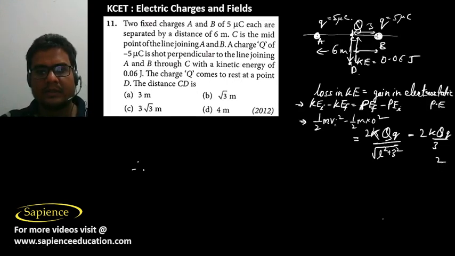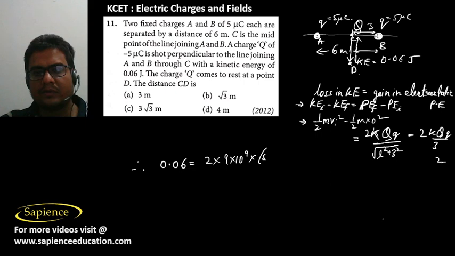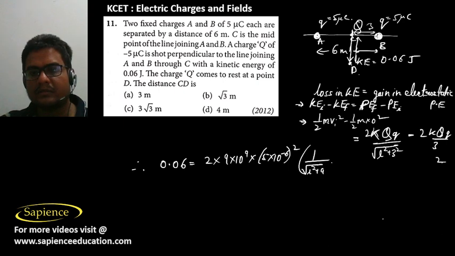Say that half mv square, that is initial kinetic energy, in joule is 2 KQQ, 9 into 10 power 9, 5 into 10 power minus 6 square, into 1 by square root of L square plus 9 by 3.